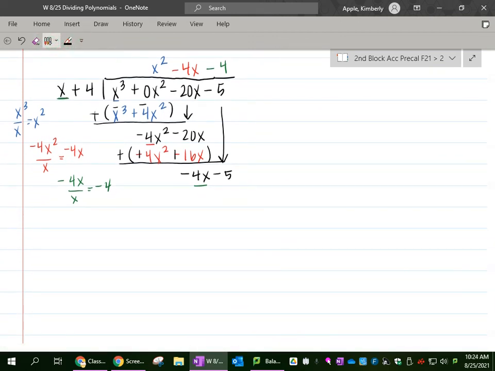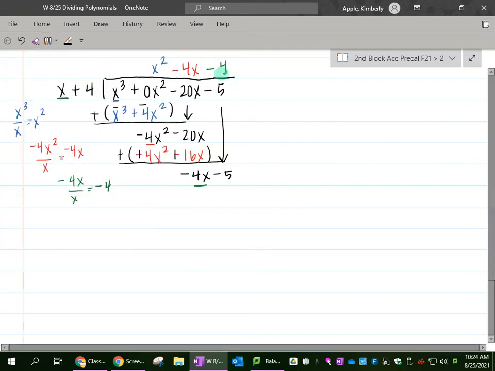We're multiplying. Okay. Negative 4 times x is just negative 4x. Negative 4 times positive 4 is minus 16. Subtract. Distribute negative. What's that, 11? Yeah. Okay. X does not go into 11, and we're out of room. So this is my remainder. 11 divided by x plus 4, and we're done.